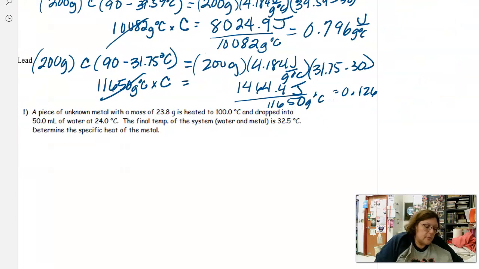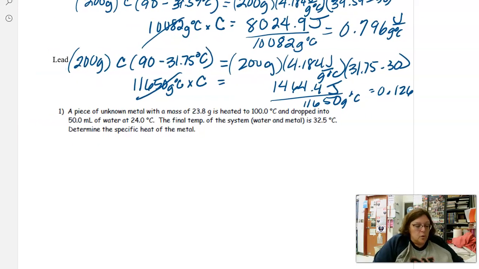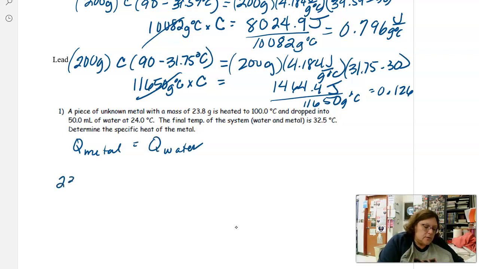That's pretty good. Okay, one more problem. This time we have an unknown piece of metal. We know its mass, so remember we're going to do Q of metal equals Q of water. The mass of the metal is 23.8 grams. We don't know the specific heat because we don't know the metal. The temperature starts out at 100 and ends at 32.5.